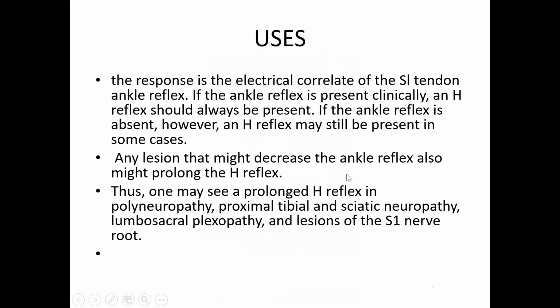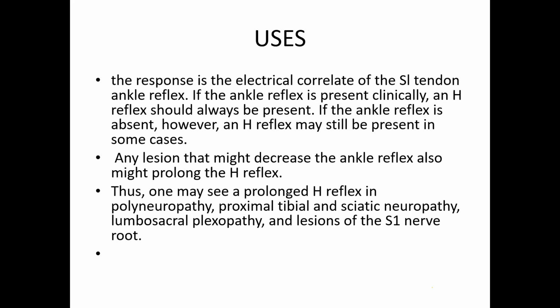The H response is the electrical correlate of the S1 tendon ankle reflex. If the ankle reflex is present clinically, the H reflex should also be present. If the ankle reflex is absent, usually the H reflex should also be absent, but sometimes you can see the H reflex being present.